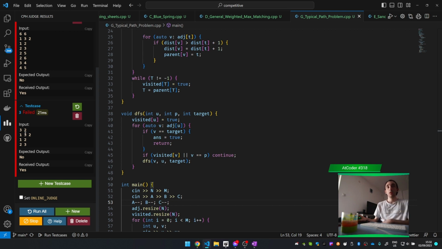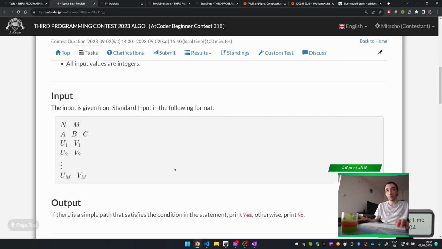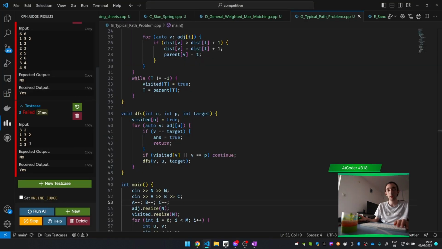From 2 and 3, which means that first you have to go through 3 and then 2, and then the shortest path is from 1 to 3 like that, and then if it's visited at V, if you want to continue.